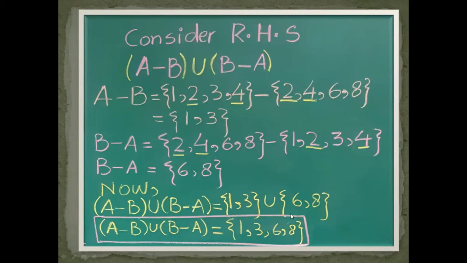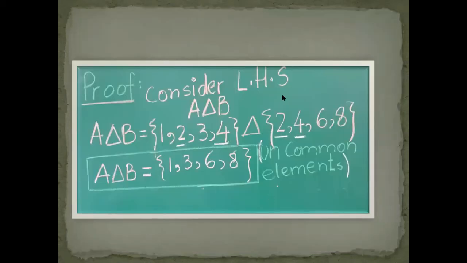Now the union of these two sets: union means you have to combine both the sets. So you will get {1, 3, 6, 8}. This is the union of A minus B and B minus A. This is the answer of the right hand side. And I will show you again the answer of the left hand side, 1, 3, 6, 8.